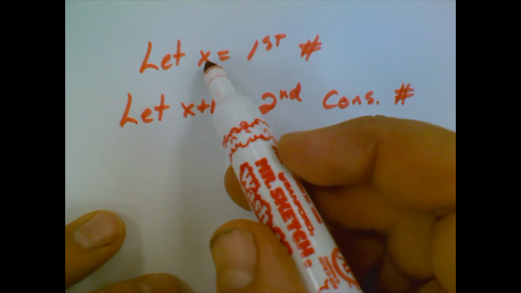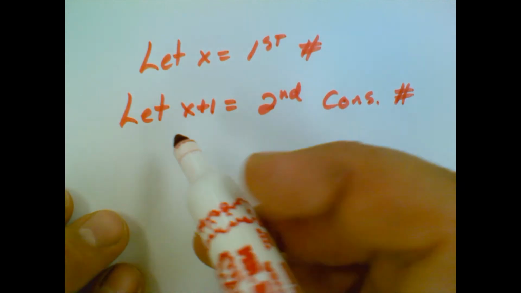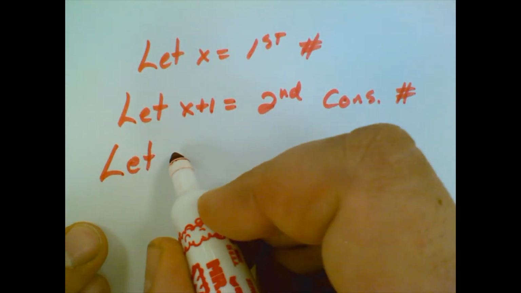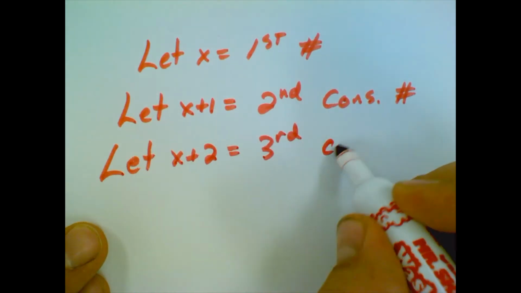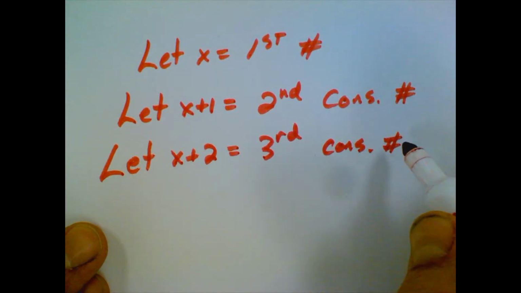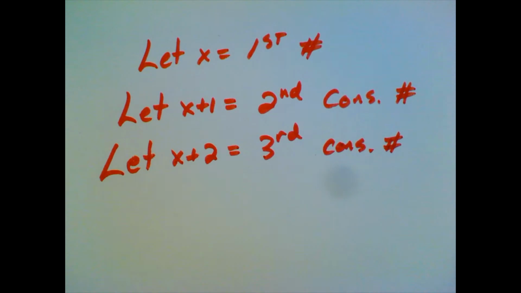Okay, and then if our first number is x, our next number is x plus 1, the third consecutive would have to be x plus 2, right? So third consecutive number. All right, now the problem said the product of the second and third.